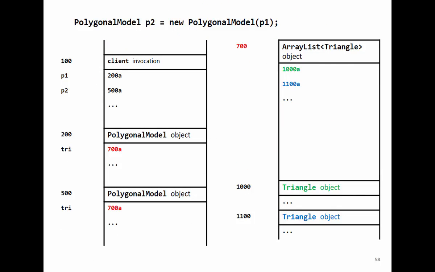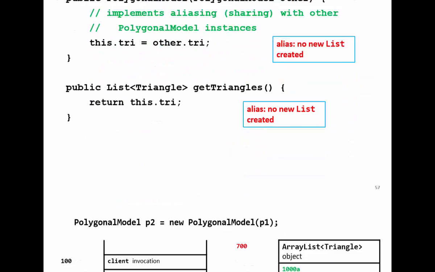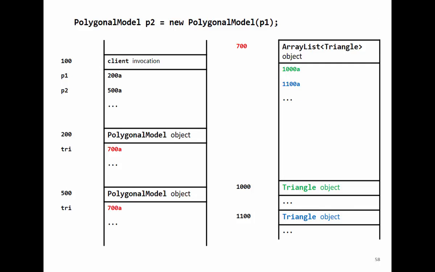This is a memory diagram. Focus on this memory diagram. We have P1 and P2, and we have a triangle list at address 700. P1 and P2 are polygon models, stored at address 200 and address 500.